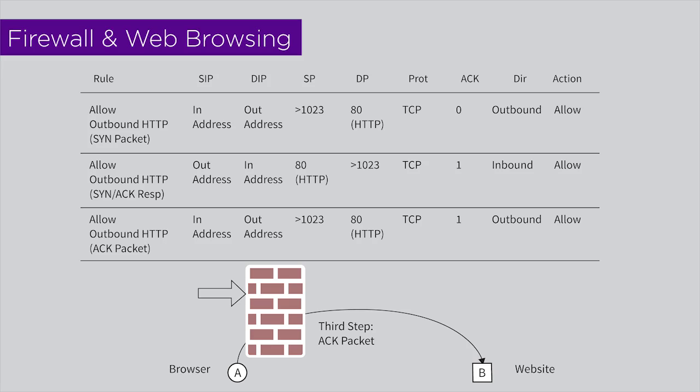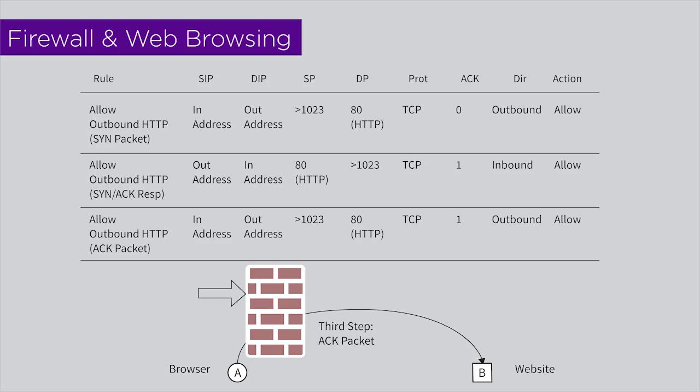Once you've done that, you've got a session set up. And as long as that ACK bit is set to 1, I have the ability now to transfer data. These rules are going to be sufficient for the 3-step TCP handshake and for data to be passing back and forth. It's good news.